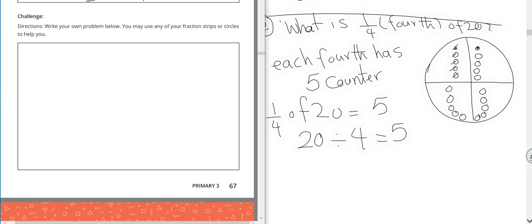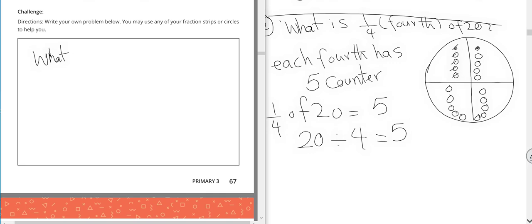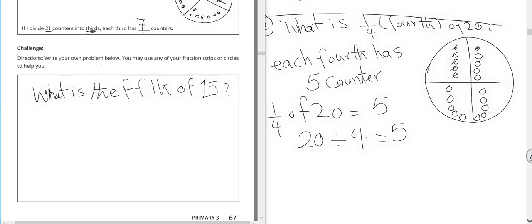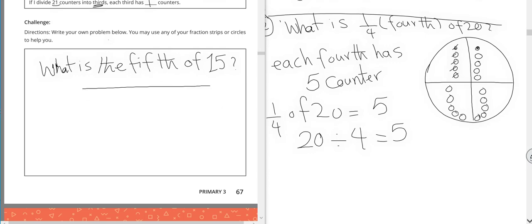Challenge. Write your own problem below. You may use any of your fraction strips or circles to help you. Write any problem you want. For example, what is a fifth of 15? We know that one whole, we can draw a rectangle and divide it into 5 equal parts. 1, 2, 3, 4, 5.